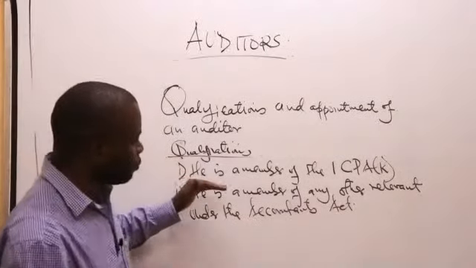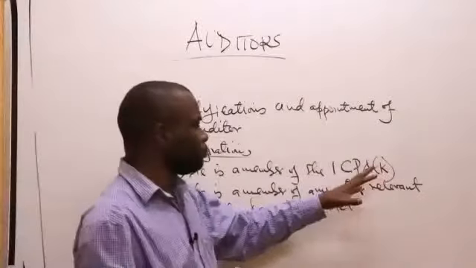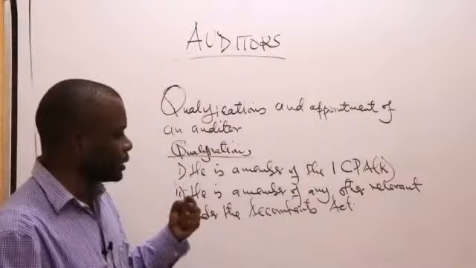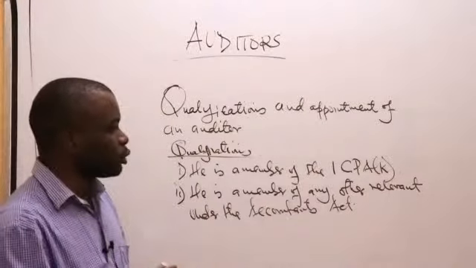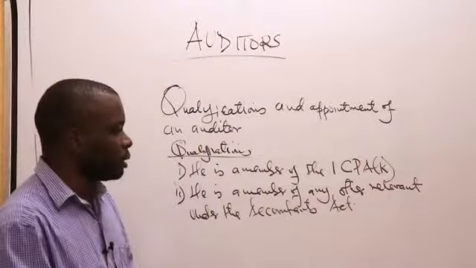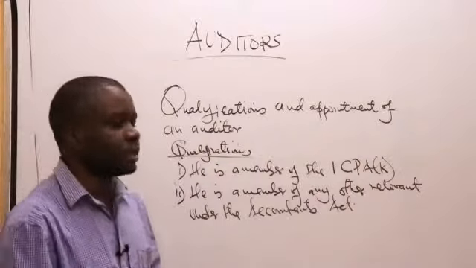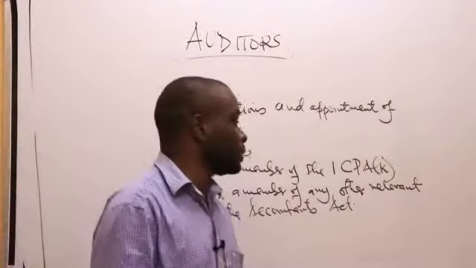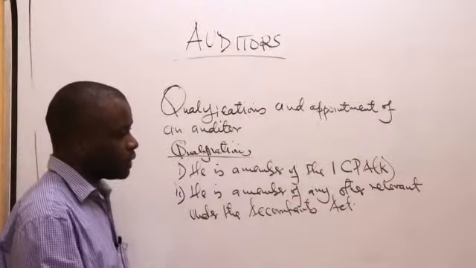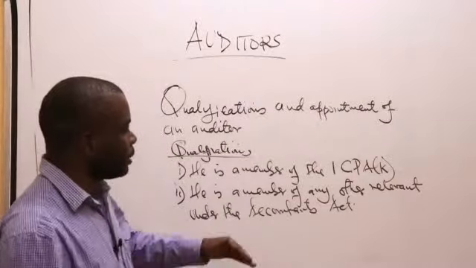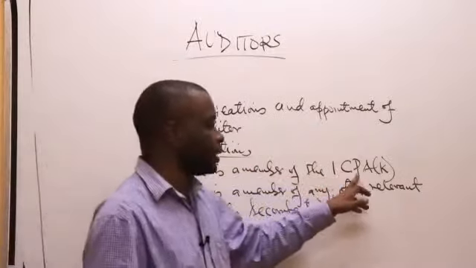Apart from being a member of ICPAK, under the Accountants Act they could look at any other relevant qualification that can enable you to provide auditing services. Maybe you've done a foreign qualification that is recognized in Kenya, like ACCA. In such a case, they could look at any other relevant qualification that ranks the same as a CPA in Kenya.